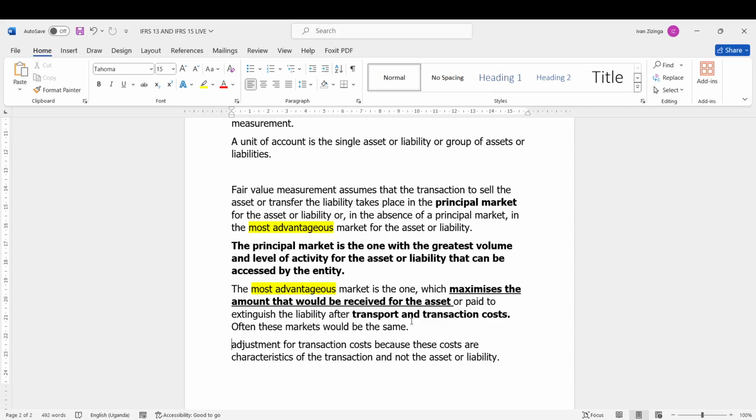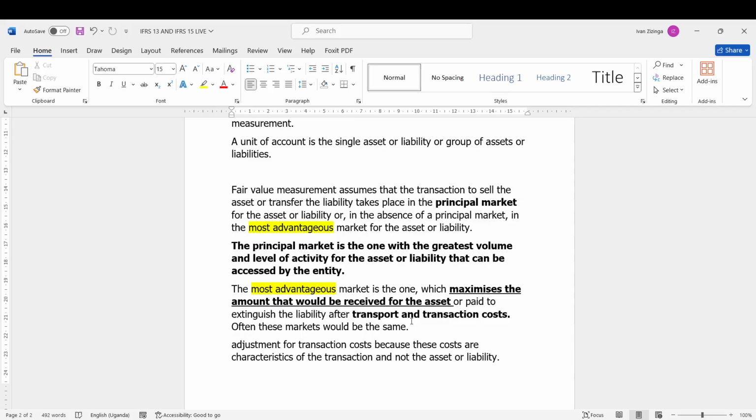So if you want to know the most advantageous market, look at the selling price, factor in the transport and the transaction costs. Whatever remains is what belongs to you. So you have the highest take home. That becomes the most advantageous market.